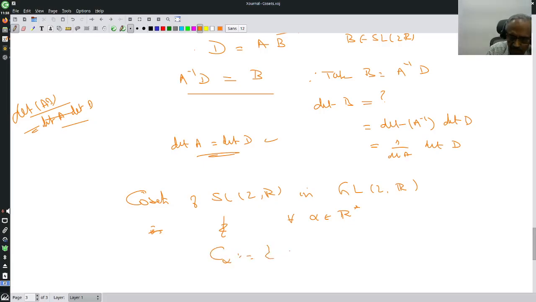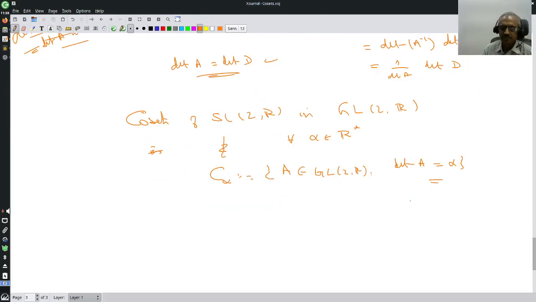C alpha is the set of all A in GL2R such that the determinant of A equals alpha. You understand that? Therefore, the set of cosets are C alpha, where alpha varies over R star. So you can again see these are in some sense parallel.